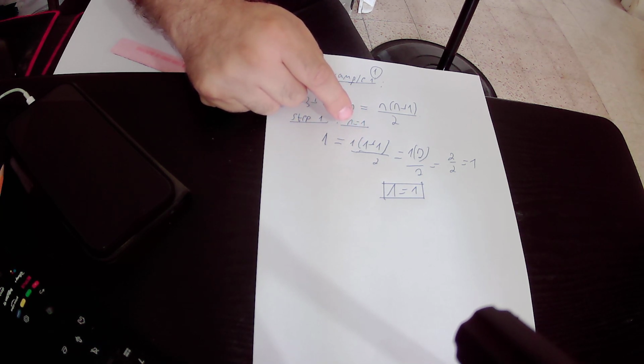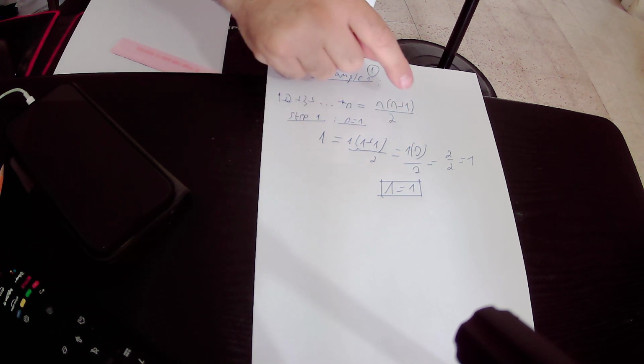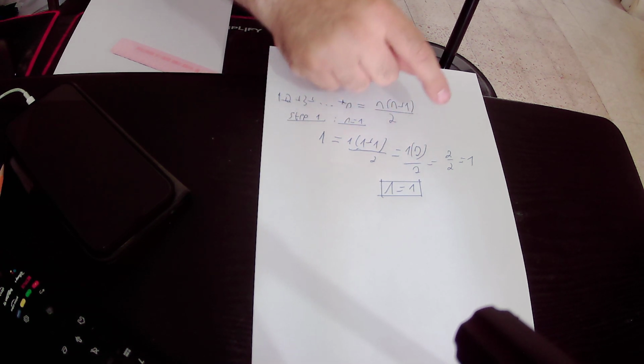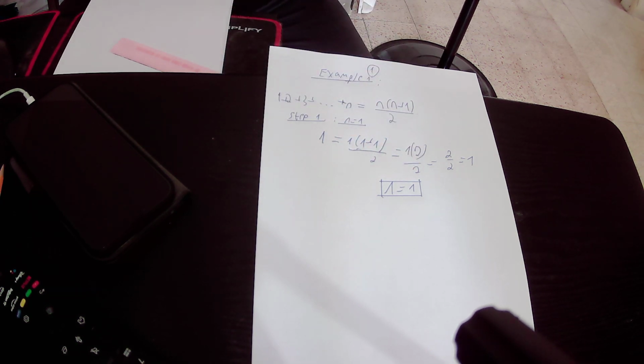So it is 1 times 2 divided by 2, or 2 divided by 2 equals 1, and 1 equals 1. So we passed the first test, or the first step. We verified that this statement is true for n equals 1.